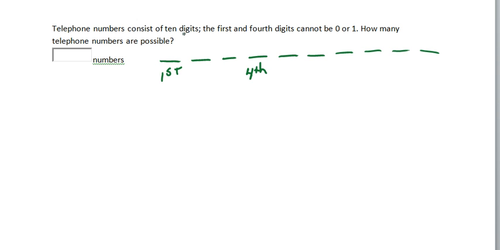So the first position, we have 8 digits to choose from. The fourth, we have 8 digits to choose from. All the other positions will have 10 digits to choose from.